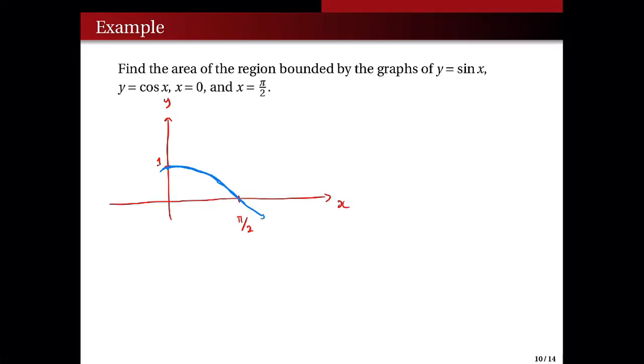It's not accurate, but of course, after this it will go down, but we don't need that part. Why? Because the other boundaries will be x equals 0, which is this line here, and x equals pi over 2, which is this line here.